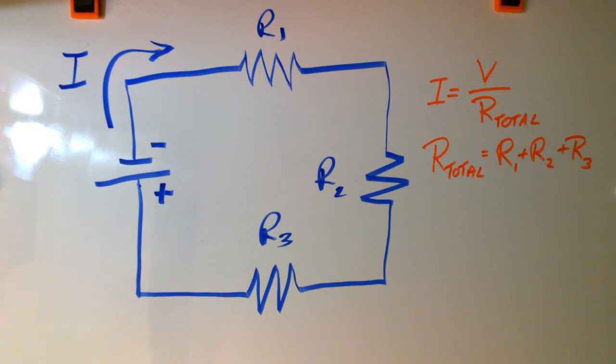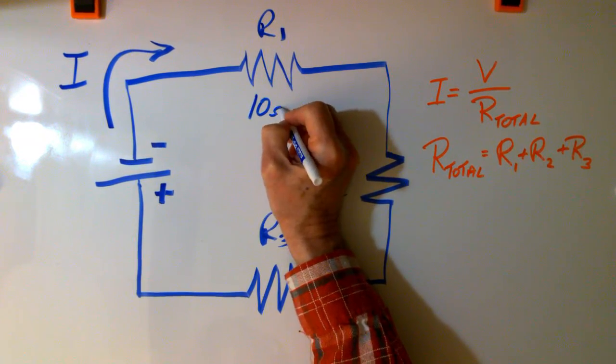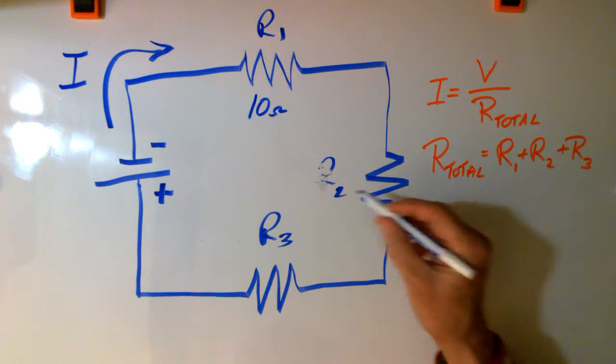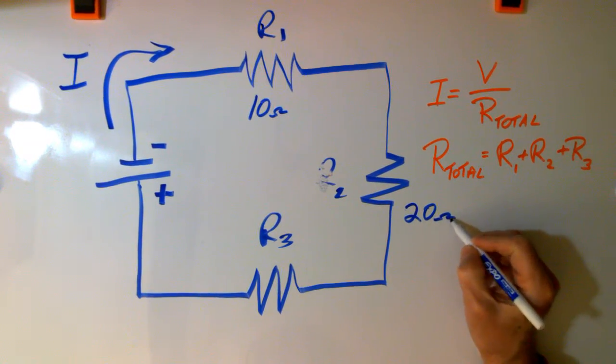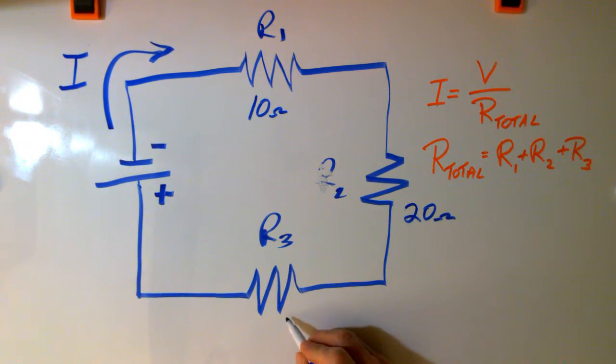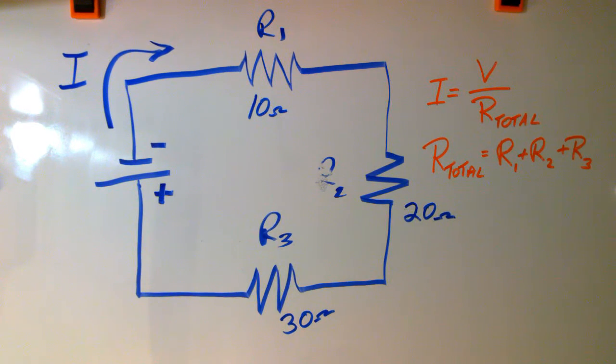There it is. So let's give ourselves some values so that we can try this out. Let's say that resistance 1 is 10 ohms. Resistance 2, which I just smudged, is 20 ohms. And resistance 3 is 30 ohms. Let me see if I can correct my smudging here.